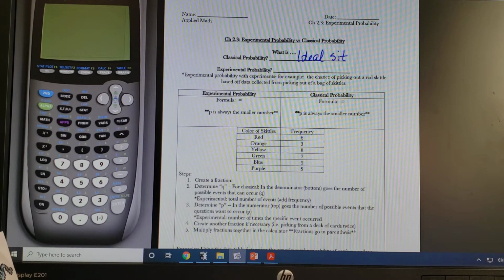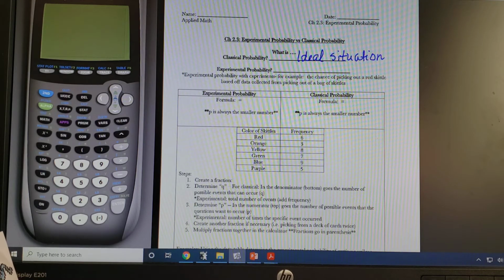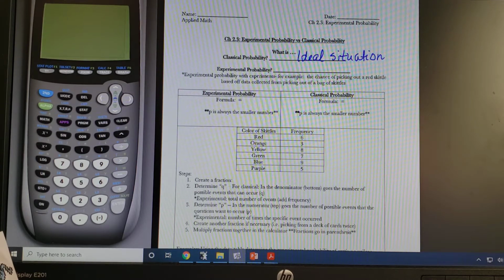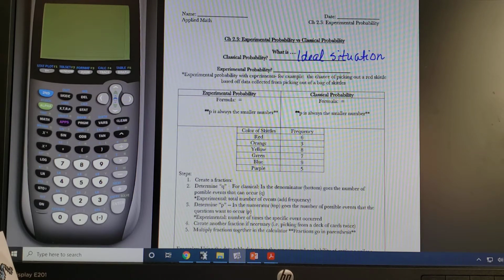So for example, if you want to pick a heart out of a deck of cards, the probability of picking a heart would be what? 1/4, because 1/4 of the deck is hearts. But realistically, you might not actually pick a heart card if you do that 4 times. So experimental probability is what really happens.